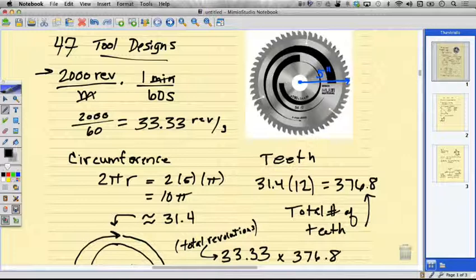What we want to figure out is, in 1 second, how many individual teeth are going to be passing through whatever it is you're cutting. So if we time 1 second, how many times does it spin around and how many teeth would actually cut into your object? So what do we need to do?